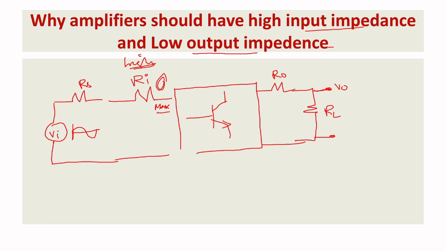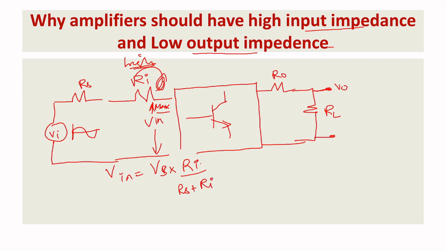so that I can get a maximum signal reaching the input port of your amplifier circuit. Okay, with the voltage divider rule, I can write Vin as the source voltage Vs into the corresponding resistance divided by the sum of your source resistance and the input impedance.